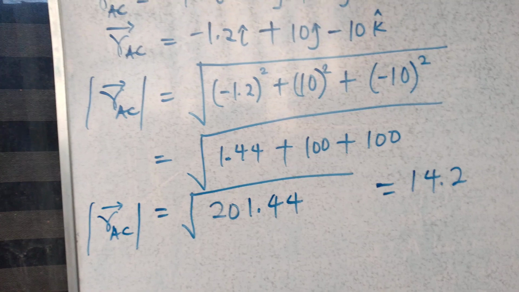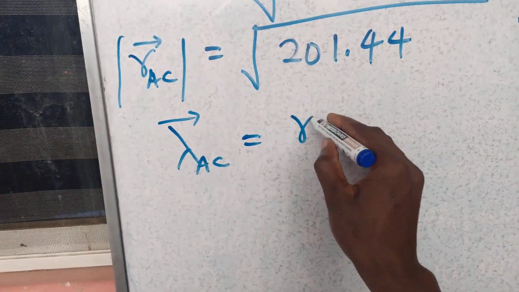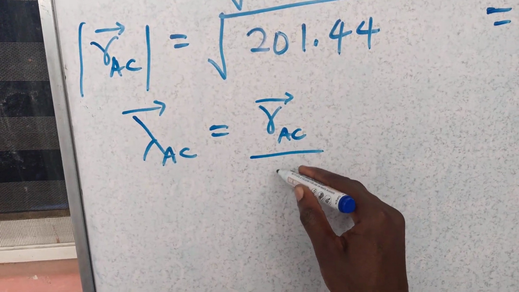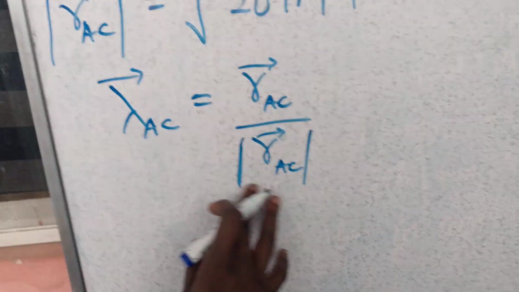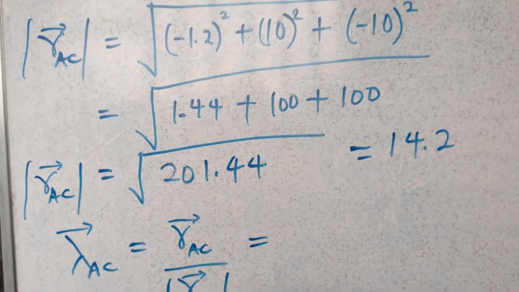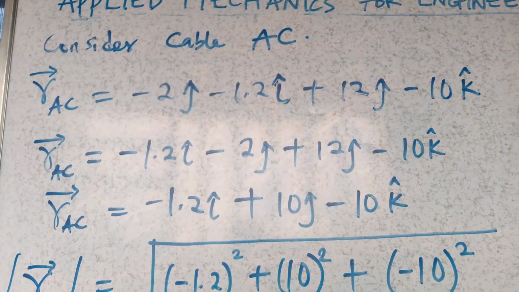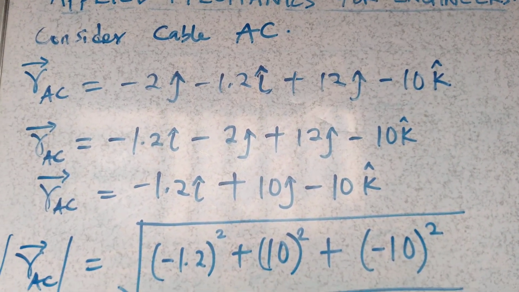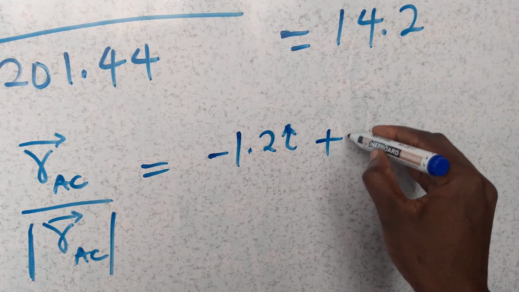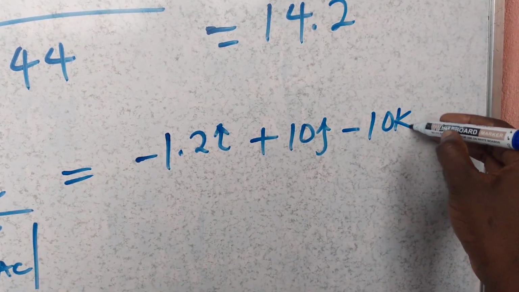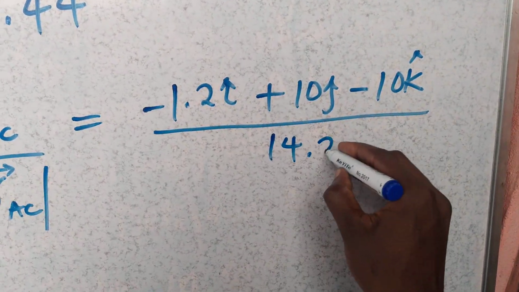Then I can look for the unit vector lambda AC. Unit vector lambda AC is the position vector RAC divided by the modulus RAC. Remember we had the position vector RAC as minus 1.2i plus 10g minus 10k, all over 14.2.